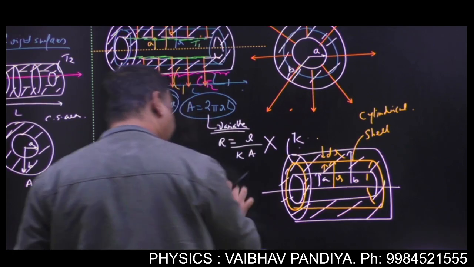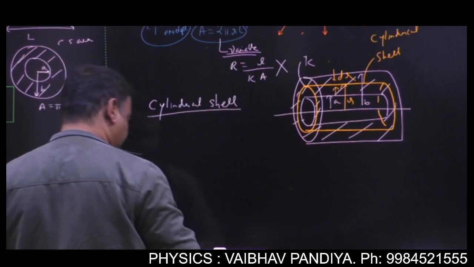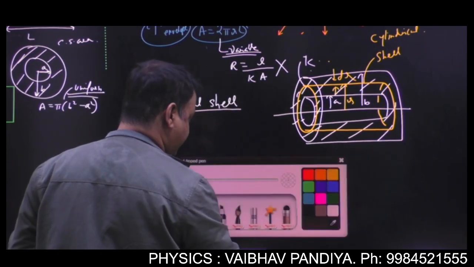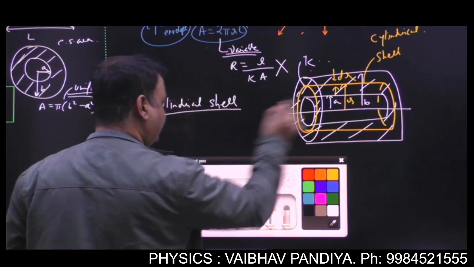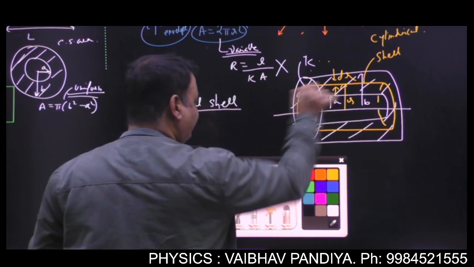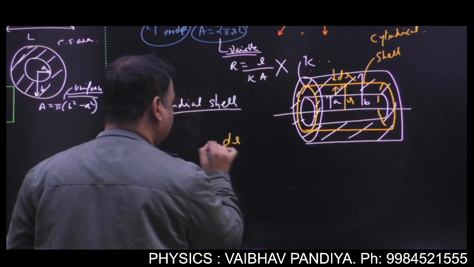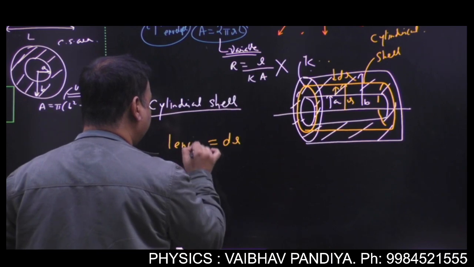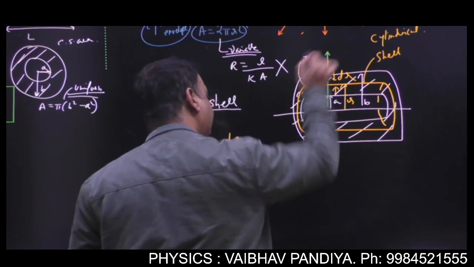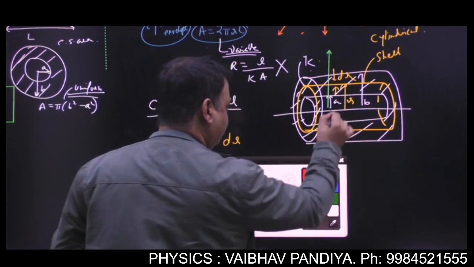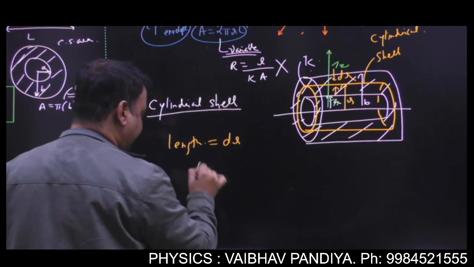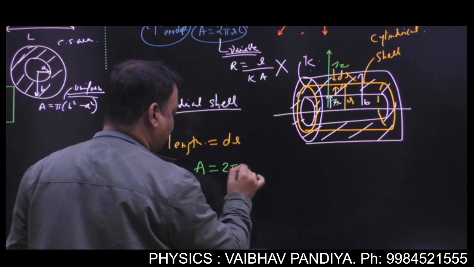Now the thickness is very small. Through this cylindrical envelope or cylindrical shell, the area will be what? So you can write, the current is crossing a length, how much? dr. So the length traveled is dr, isn't it? Because the current is going like this between the inner and the outer surface. So T1, T2. And what is the area crossed? 2 pi rL.